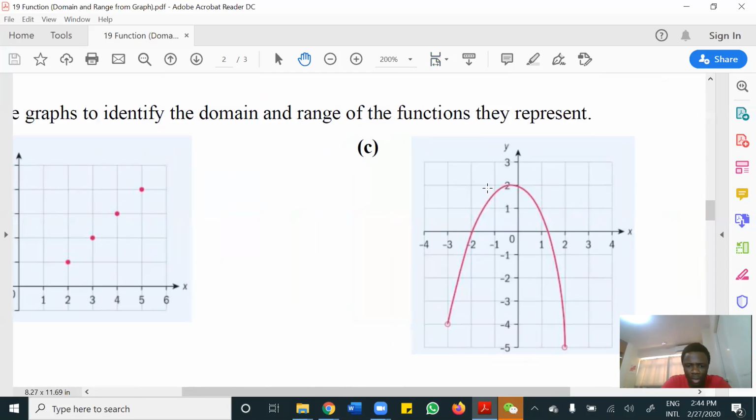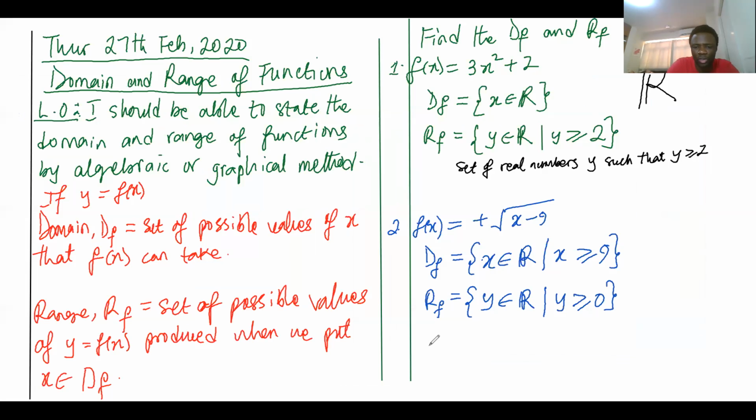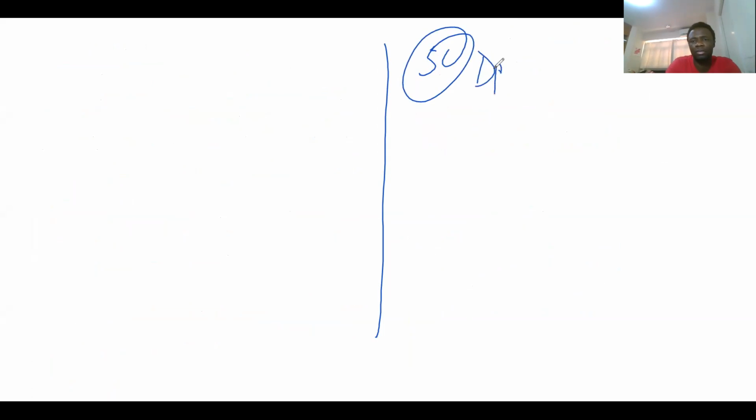So I want to see how that is written. I will expect you to say, for 5C, domain, set of X in R. You have to state which set, okay?